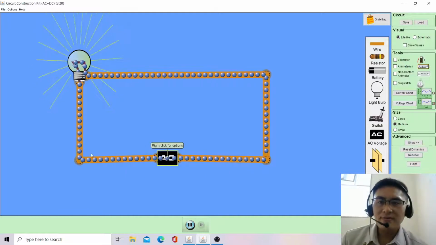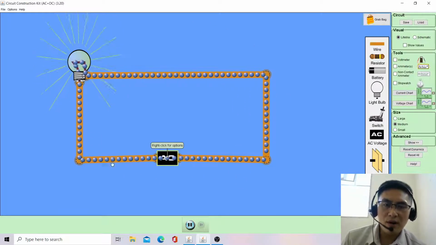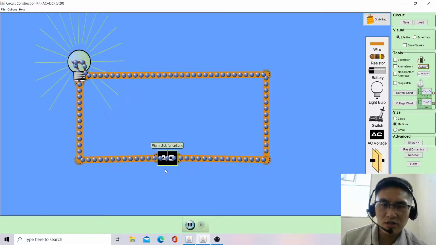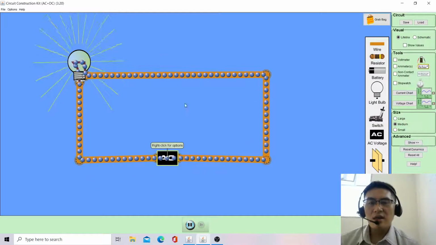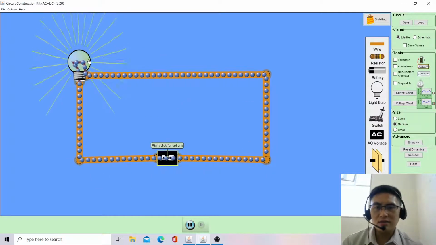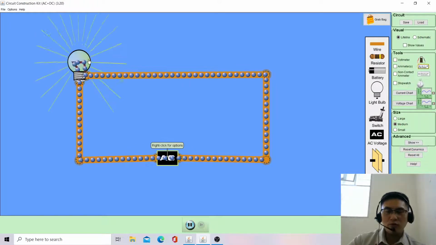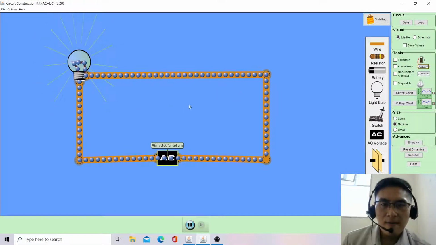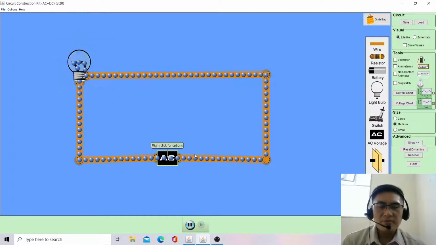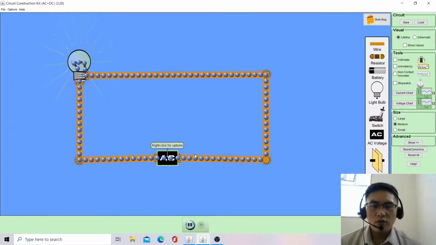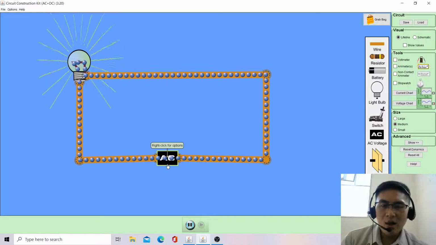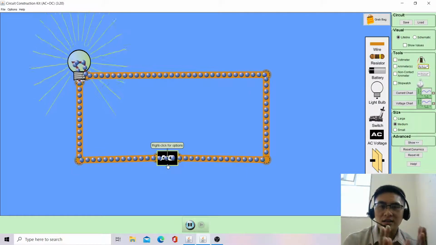So to review, a circuit is a closed loop wherein there is a voltage source that can push the electrons to flow, and there's also a load that uses the electrical energy to convert it to other forms of energy. And you cannot make a circuit without making a closed loop. Second, there are two types of voltage sources. One is an AC source, an alternating current source.